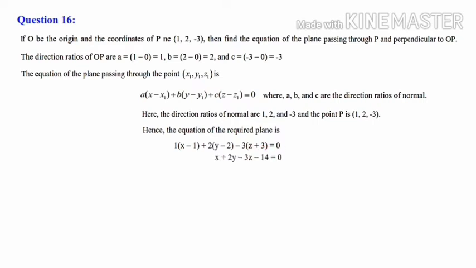So when you do the calculation, here it is x plus 2y minus 3z, and here there is a minus 1, here there is minus 4, minus 1 minus 4 is minus 5, minus 5 minus 9, that is minus 14.